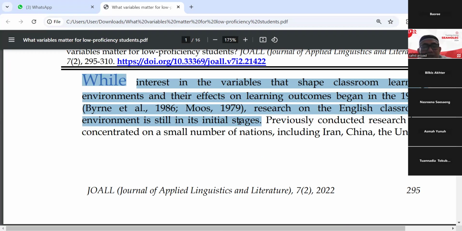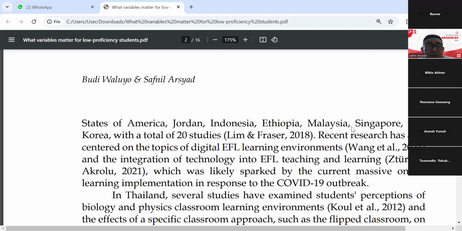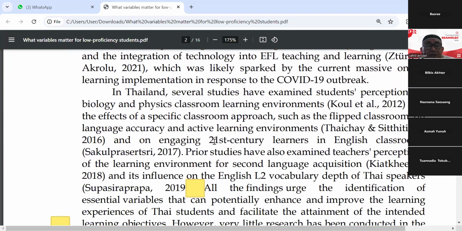The authors implied a new topic of research by saying that research on the English classroom environment is still in its initial stages. Previously conducted research has concentrated on a small number of nations, including Iran, China, United States of America, Jordan, and so on. Recent research has also centered on the topics of digital EFL. In Thailand, several studies have examined this. This is the literature review.